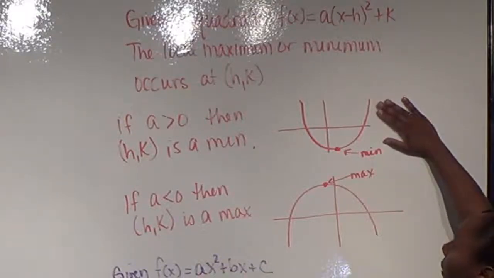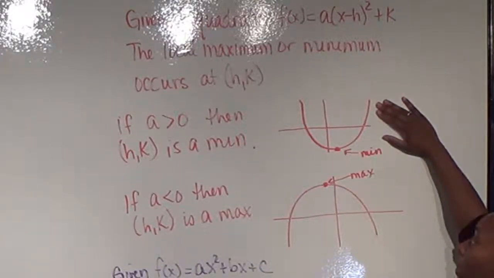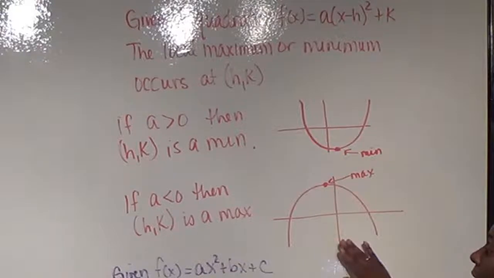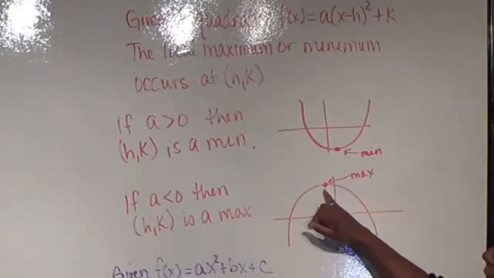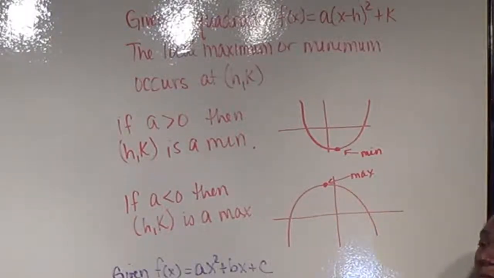And so, in this case, there's no highest point, so there's only a local min. And likewise with a parabola opening downward. So if a is less than 0, in this case, I'll have a local max, but there is no minimum value. In this case, it's going to go down to negative infinity.